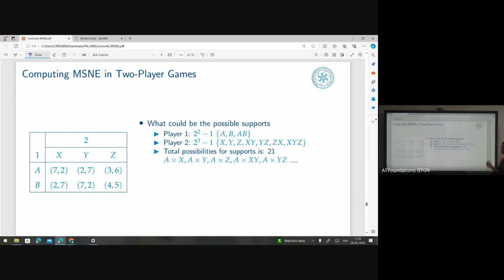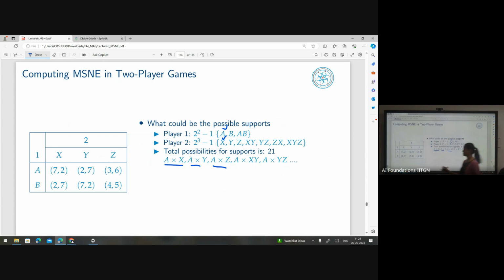If player 1 chooses a support and assigns 0 probability to the rest, and player 2 chooses positive probability on a support and 0 to the rest, you get, for example, AX as your profile. Similarly AY, AZ, all possible combinations, which is 2 to the 2 minus 1 times 2 to the 3 minus 1, which is 21.